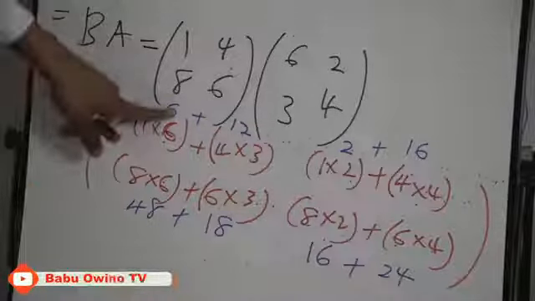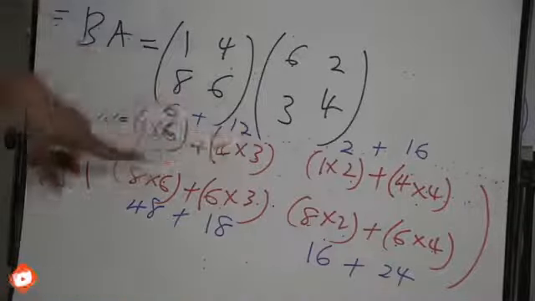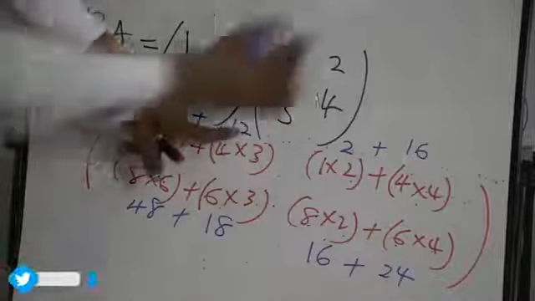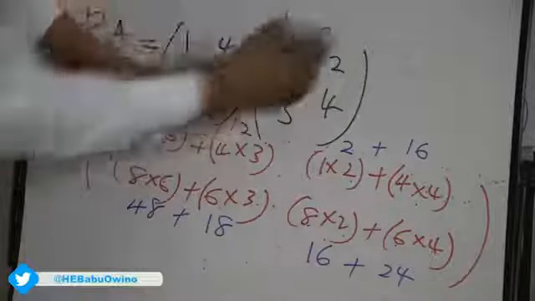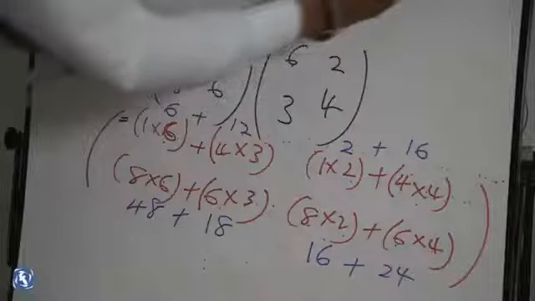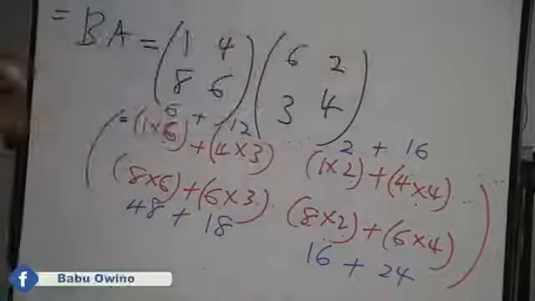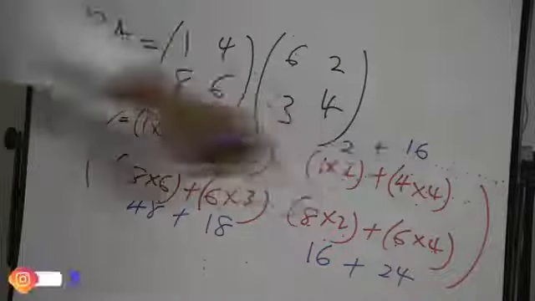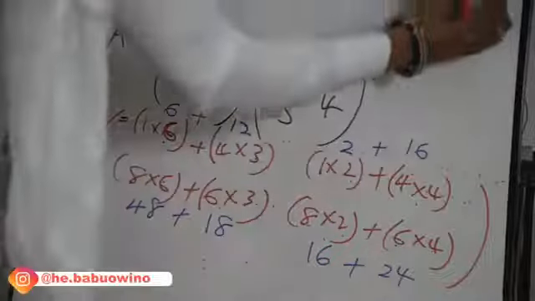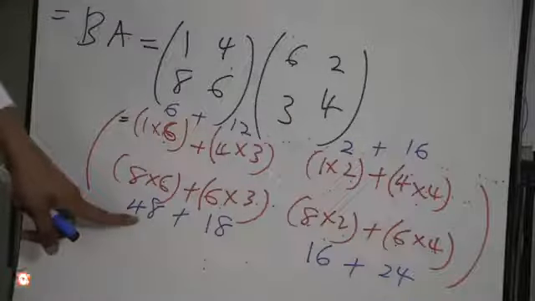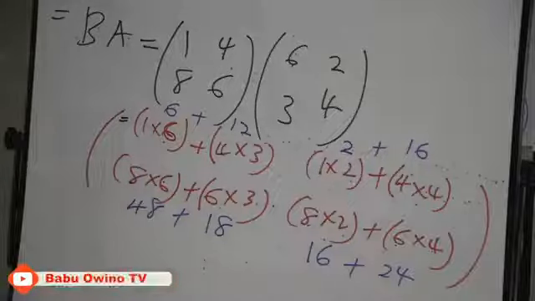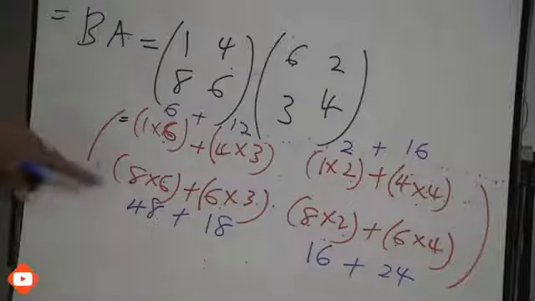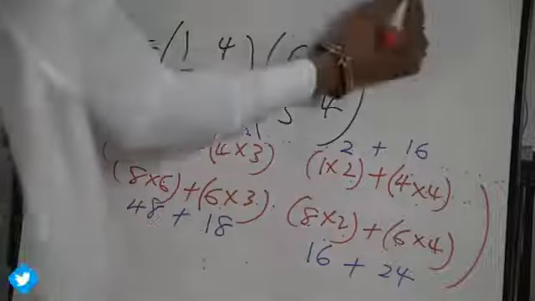So when you add them, 6 plus 12 is 18. Then 2 plus 16 is 18. 48 plus 18 is 66.